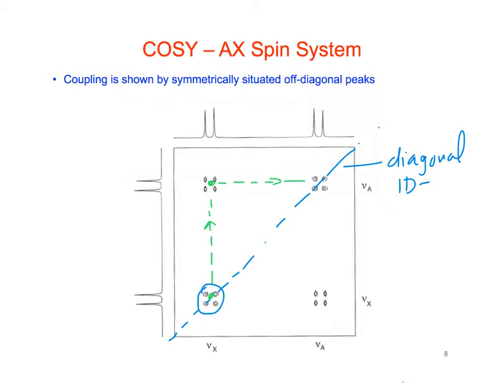I'm just going to the center of those. That's where the chemical shift would be, right in the center of a peak. So we can either go vertically and then horizontally, or horizontally and then vertically, and we get back to the same peak.